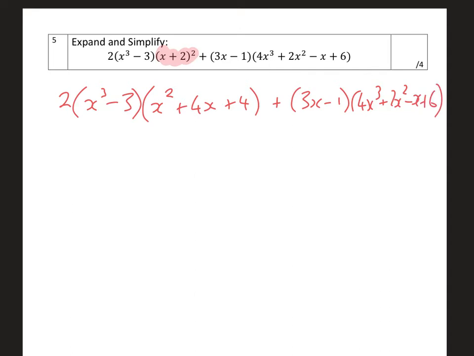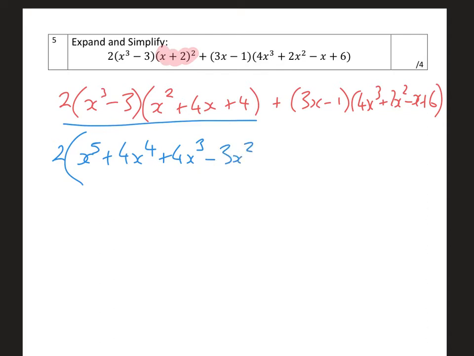So if I just do this first one, let's call this the blue one. So first of all, I'm going to times them by x cubed, so like x^5 plus 4x to the power 4 plus 4x cubed. And I'm going to times them by minus 3, so minus 3x squared minus 12x minus 12. Then I'm going to simplify that bracket to get x^5 plus 4x^4.